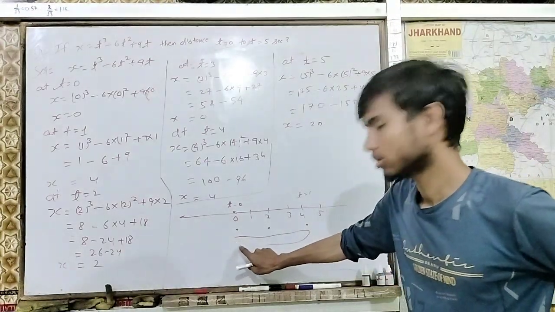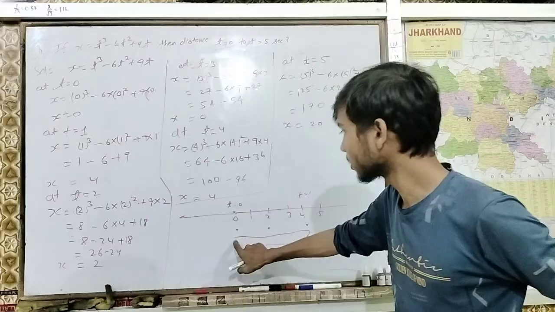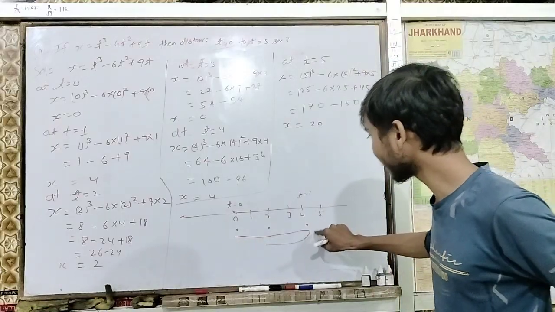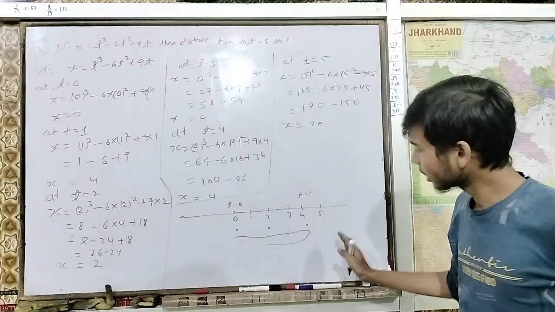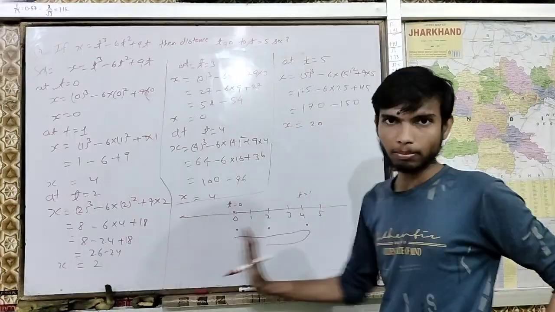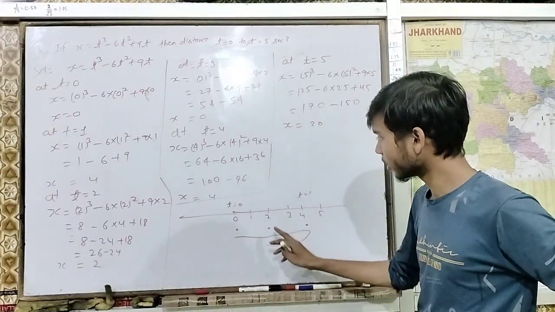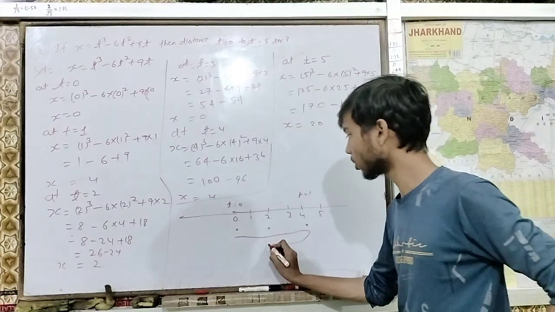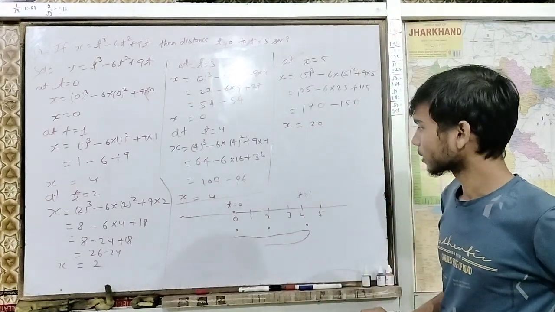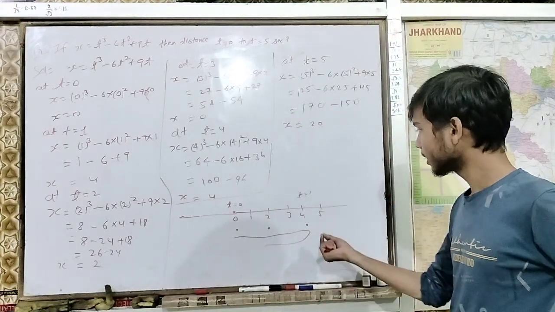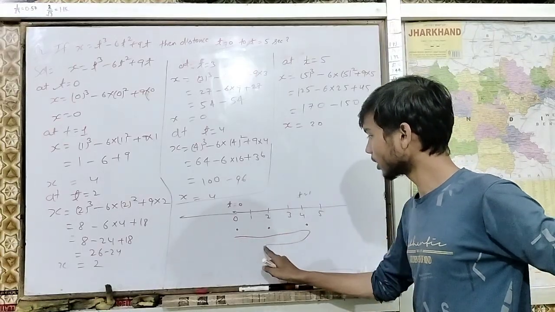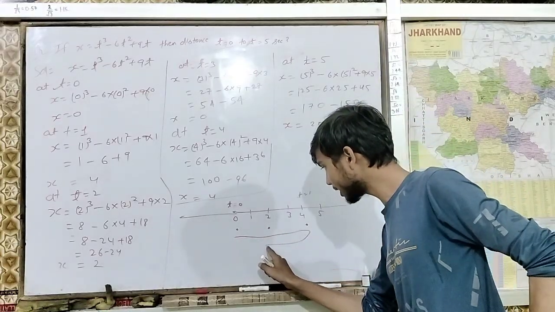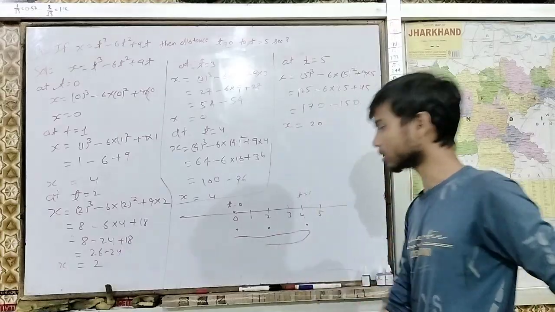It starts moving from the initial point and reaches 4, then you observe that it takes a step back at t is equal to 2. In 2 seconds, from here till here, it is coming over here.